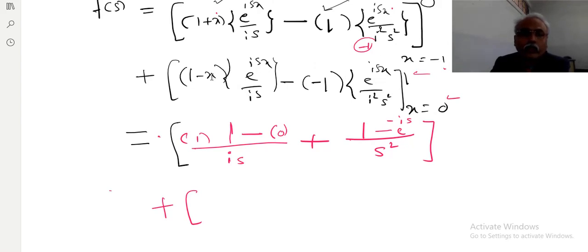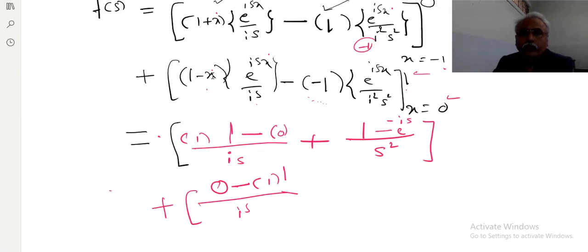When you substitute x equal to 1 here, I will write common: upper limit 1 minus the lower limit. Again x equal to 0 here, so e raised to 0 is 1 here. So this part is over.